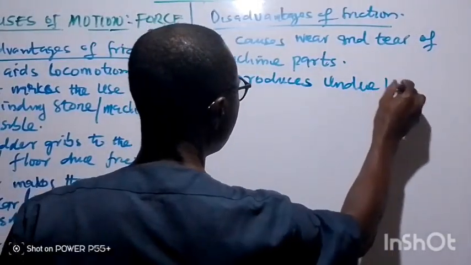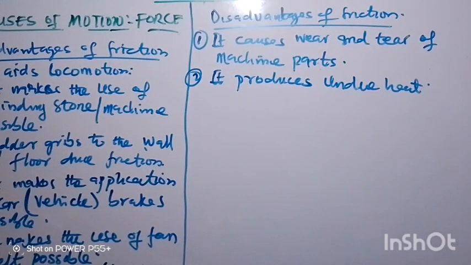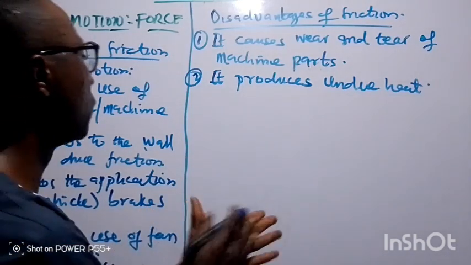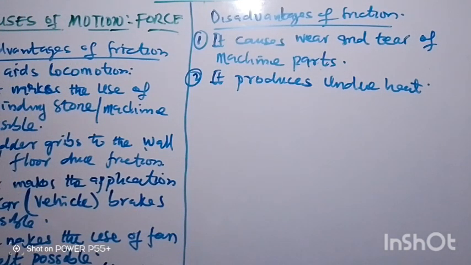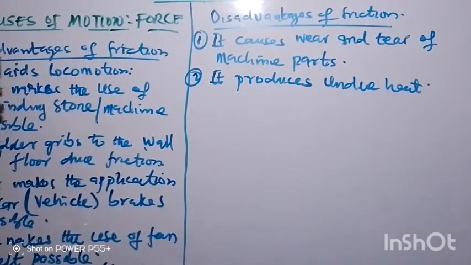When you rub your two palms together for some seconds, what you are going to notice is that it produces unnecessary heat. That's number two.